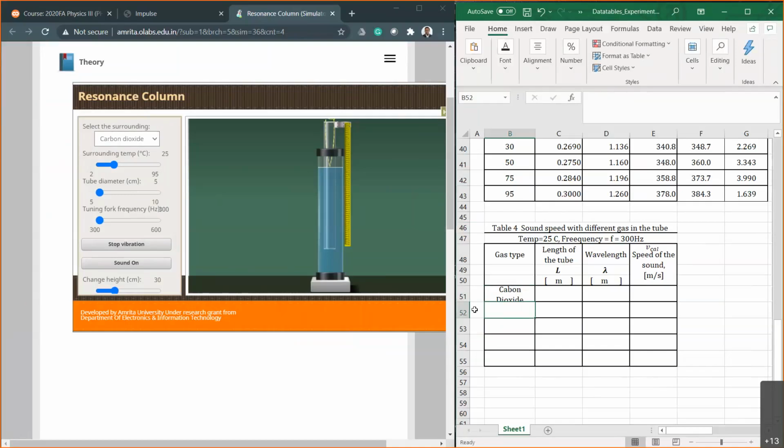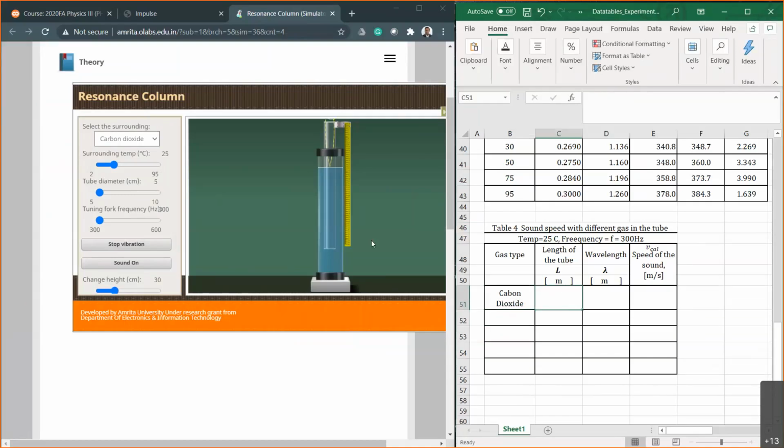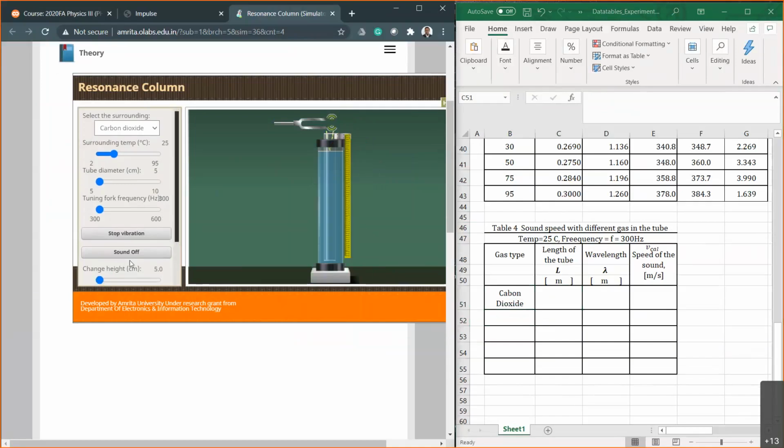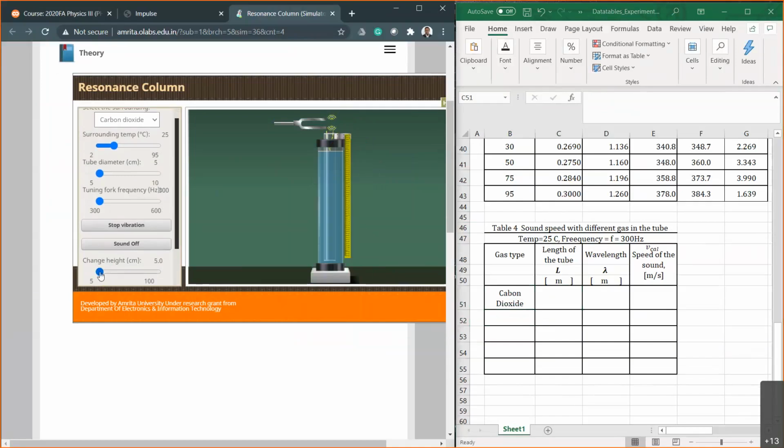Let's bring this back all the way to the smallest length, sound on, and then slowly bring it up. You can actually use the slider. It seems to be more accurate if you're doing it from here. Maybe about like 20.2.